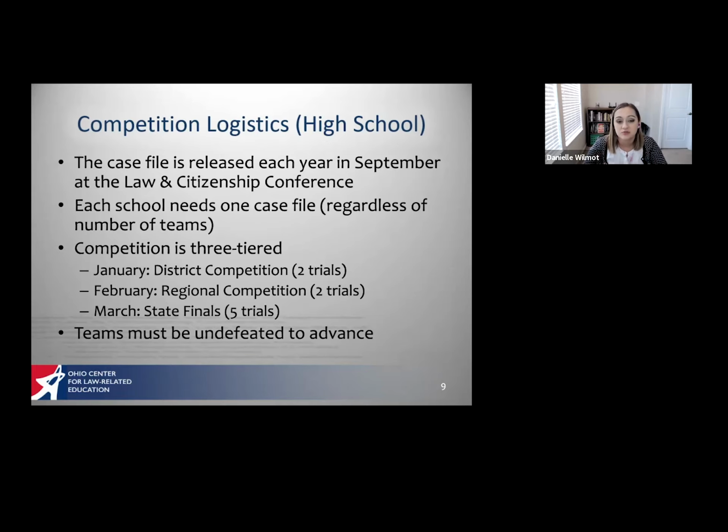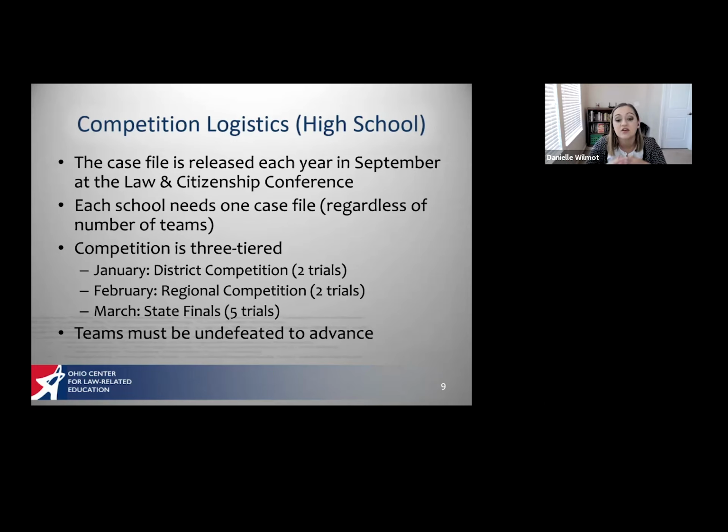I won't go into too much detail on what that trial structure looks like because it can be a little bit complicated, but that is explained well and laid out well in the case file. So if you have any questions on the state finals, definitely take a look at the case file because we explain it, and feel free to reach out with any questions. But that's our general structure: districts in January, regionals in February, states in March.